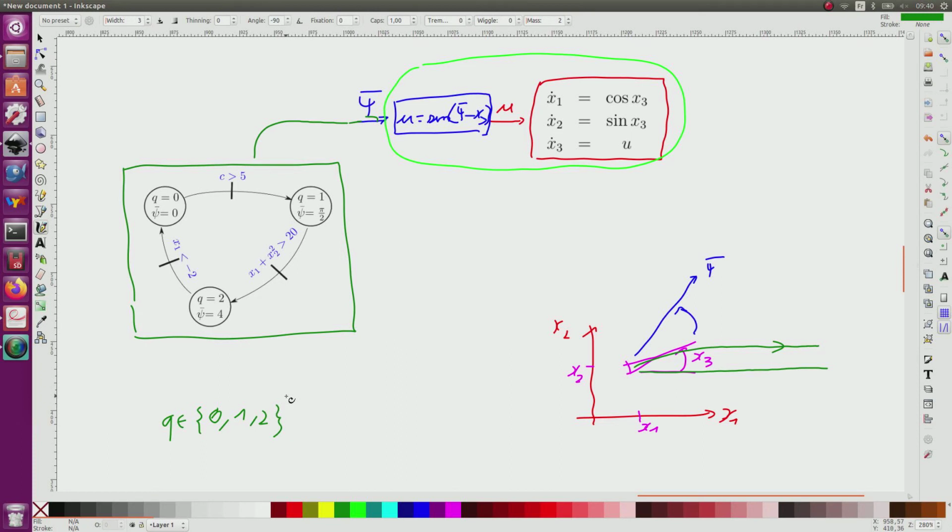This is why here in my Petri net, this automaton is a Petri net, I have 3 places because I have 3 values for q. Here are the transitions, and my state jumps from one place to another as soon as the condition is satisfied. So C is the clock. It starts at 0. Once I have obtained C equal to 5, I jump to q equal 1.